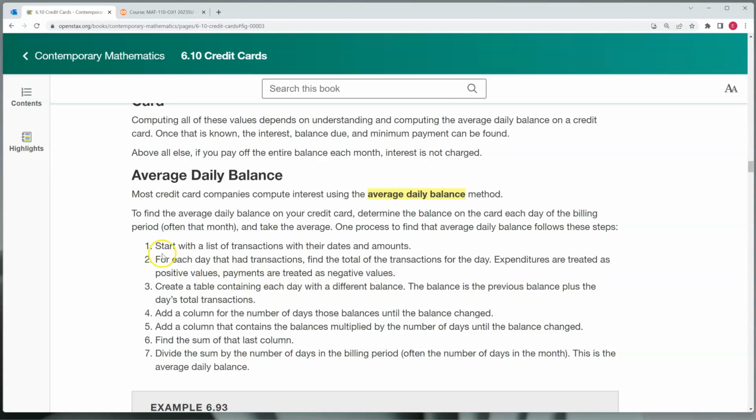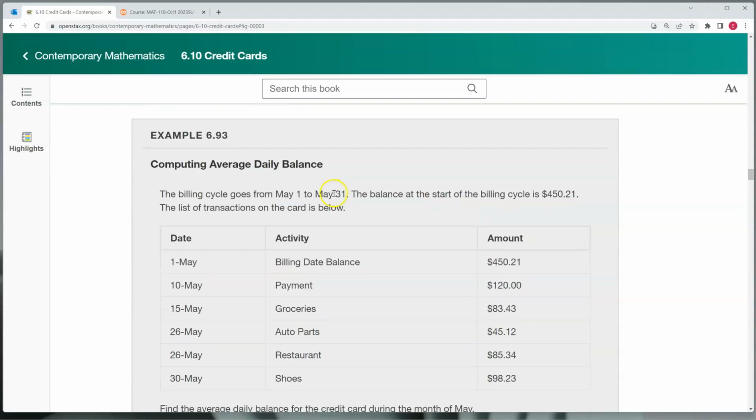So the way the average daily balance works is, if an item is purchased at the beginning of the month, then it is weighted higher because it carries throughout the month or until a payment is made. And so we're going to look at this textbook example, but basically you're just adding up the balance for every day and then taking the average of that over the month. So let's look at this example.